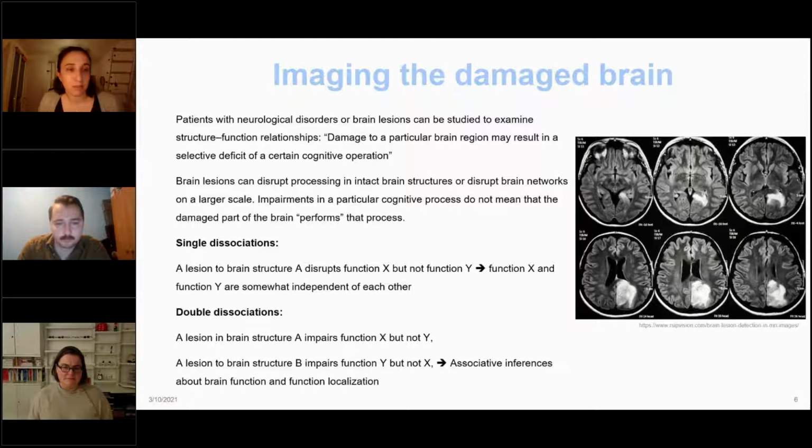And what is a double dissociation? It's when a lesion in brain structure A impairs function X but not Y, and a lesion in brain structure B impairs function Y but not X. So we can associate the specific structure with the specific function.